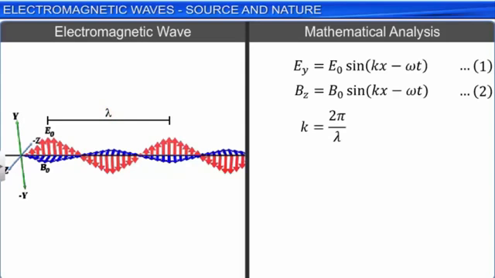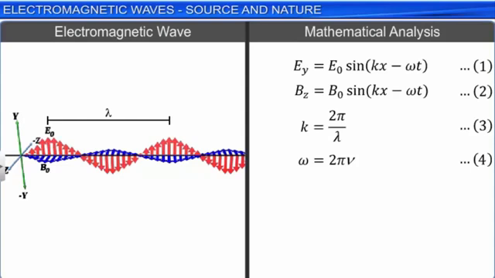ω is the angular frequency. It is related to the frequency of the wave by the equation ω = 2πν. Let this be equation 4. On substituting equations 1 and 2 in Maxwell's equations for electric field and magnetic field, we get a relation between ω and k as ω = kc.